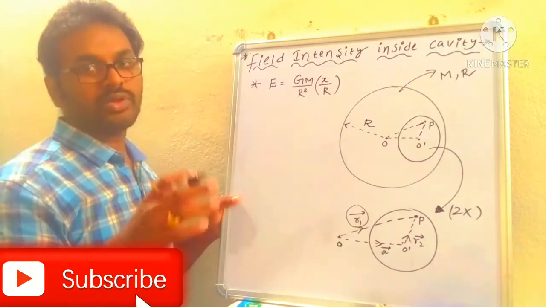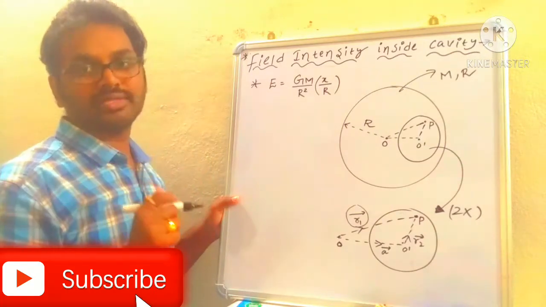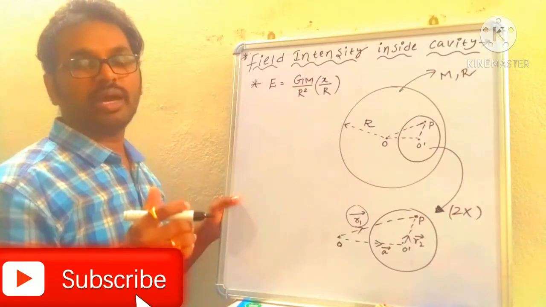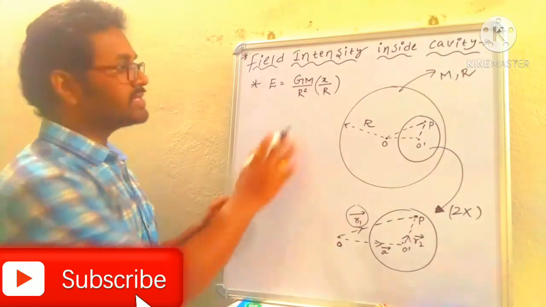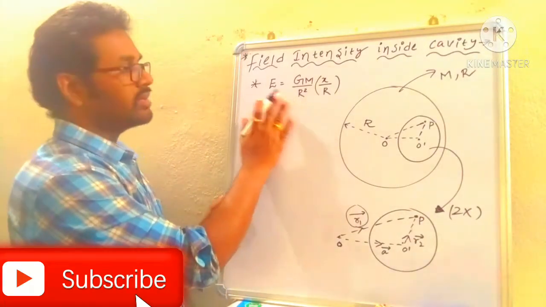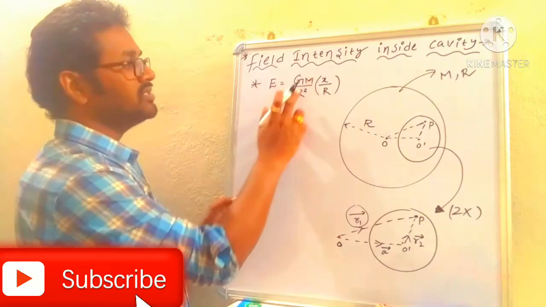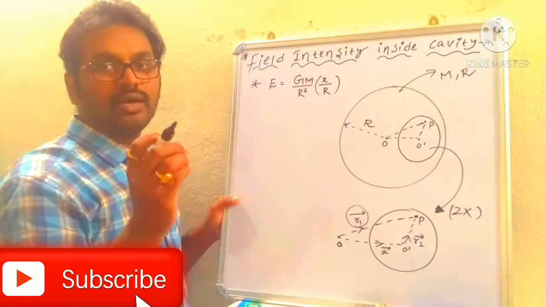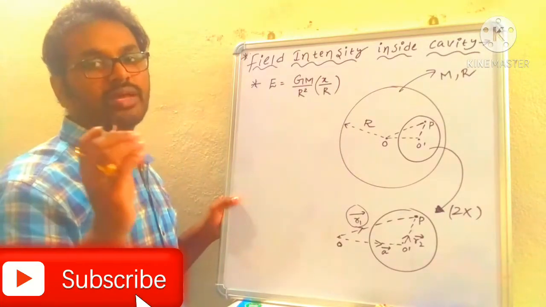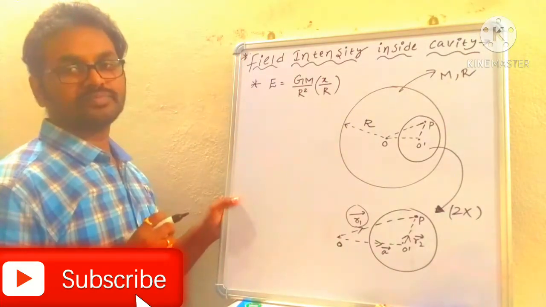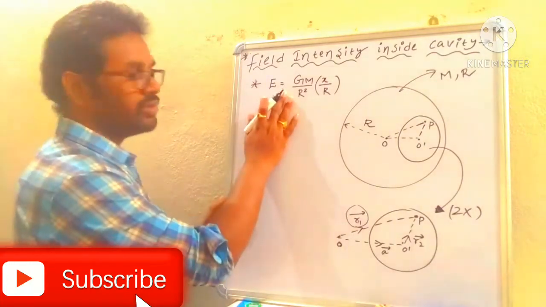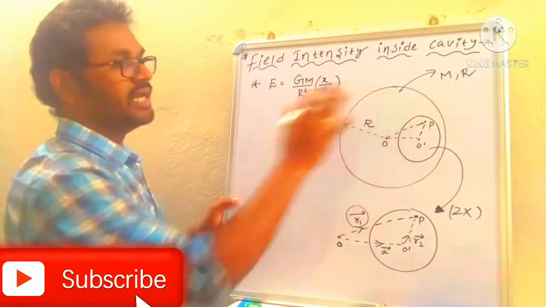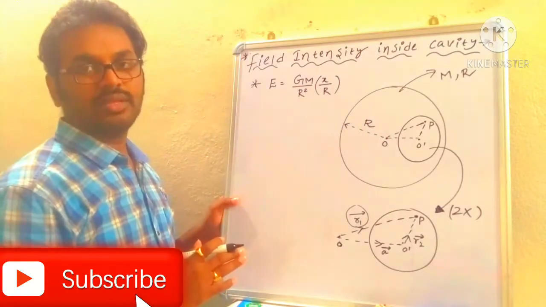On the surface, you can directly write GM by R square, and outside the point also it comes as GM by r square. But for an inside point, take care, the expression comes as GM by R square into x by R, where x is the position of the particle from the center of the sphere. We have to use this expression to find the field intensity at the point.